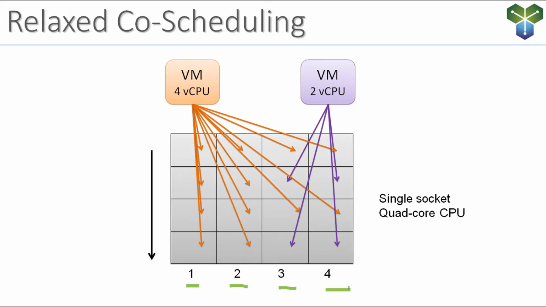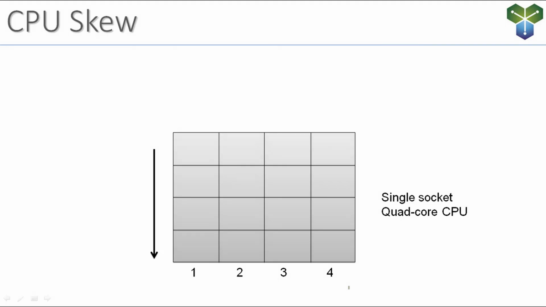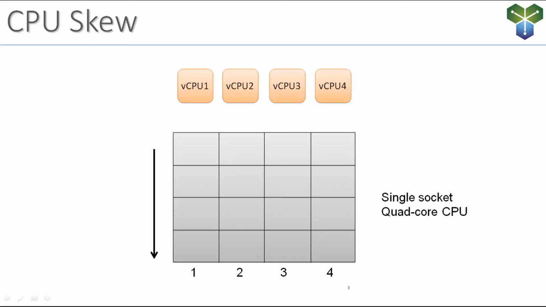But this introduces a different risk. This introduces a different problem called skew. So we can now run into a problem called processor skew or CPU skew. When I configure a VM, like that orange VM, which had 4 CPUs, the operating system of that VM doesn't know what's going on in the background.